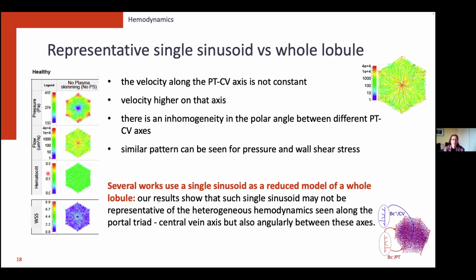So they say, okay, instead of considering this complexity, we are only going to use a single representative vessel going from the inflow to the outflow of the lobule. And in fact, we see that this may not be a good model, because we can see that the flow rate in particular is quite inhomogeneous throughout the lobule.